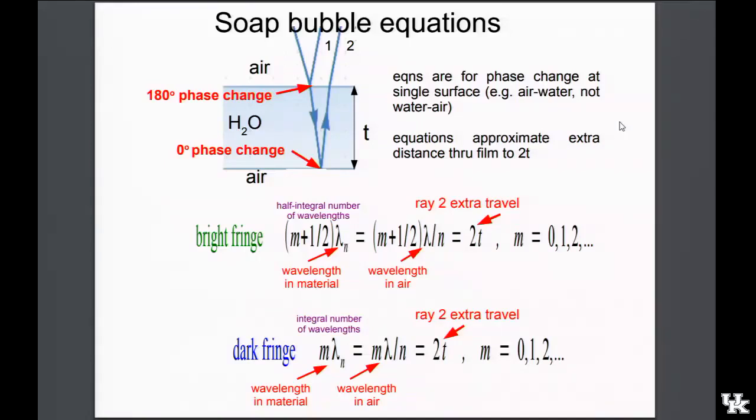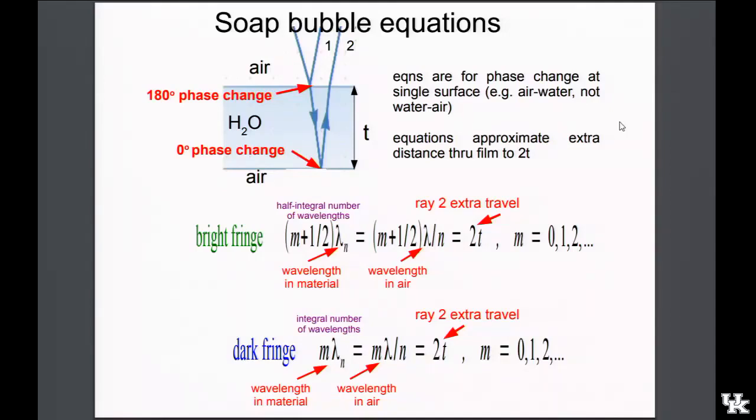When you've got bright fringes, that means that you've got crest and crest for the two reflected waves being coherent, 0 degrees phase difference between the reflected waves. When you've got destructive interference, you've got a crest and a trough, or a trough and a crest. You've got 180-degree phase difference between the two reflected waves from the top and bottom surfaces.